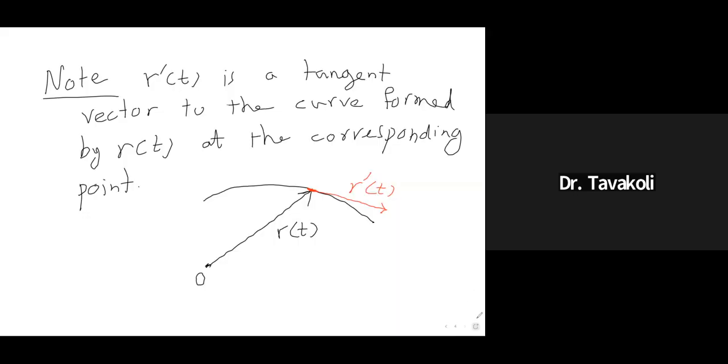Now let's do some examples. Let r of t be, first I give an example in the two-dimensional space, then three-dimensional space. r of t is 2 sine t and e to the power of t.